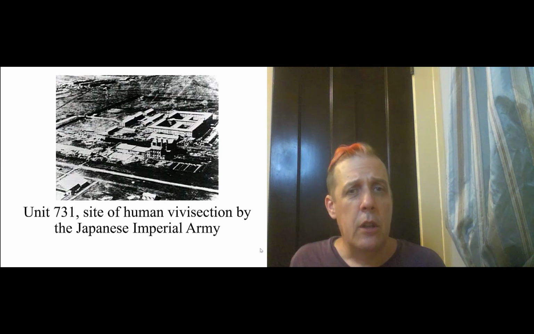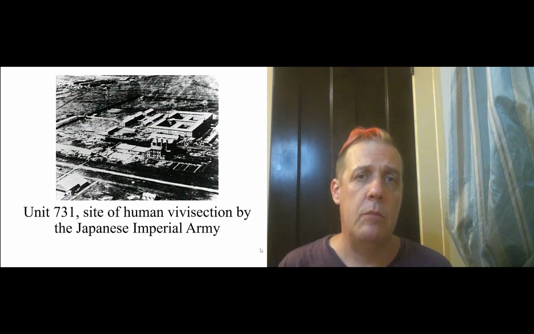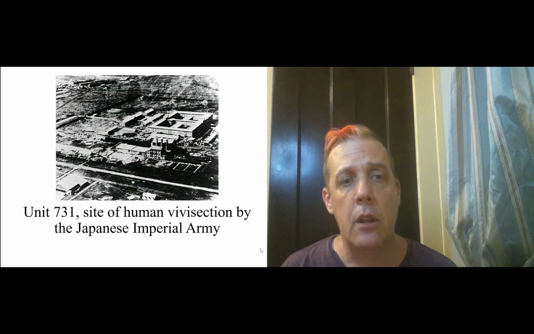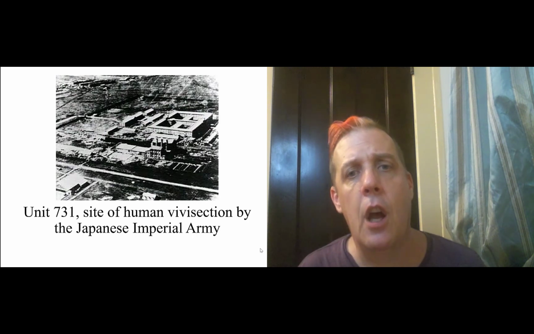It's also worth noting that although Nazi atrocities get a huge amount of attention, there were other atrocities during the war. The Japanese Imperial Army had a unit called Unit 731, where their doctors conducted human vivisection. Vivisection means cutting someone open while they're still alive, without anesthesia, fully conscious, right? So they just cut people open to poke around in them as a medical experiment, and it was genuinely horrific.